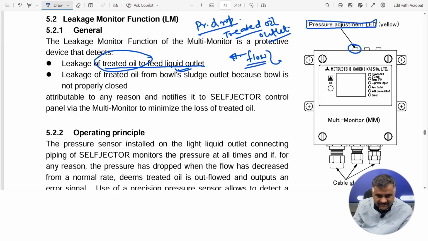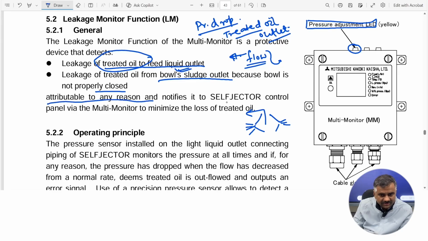Okay, or in case the bowl is continuously open and oil is leaking from the bowl, due to which there is a pressure drop in the treated oil outlet line, the bowl sludge outlet is open, that is not closed. So these can be the reasons, any reasons due to which the leakage monitor notifies the self ejector automatic control panel via the multi monitor to minimize any loss of the treated oil.